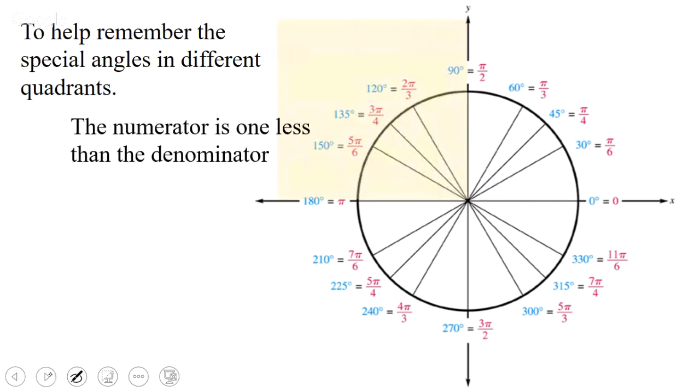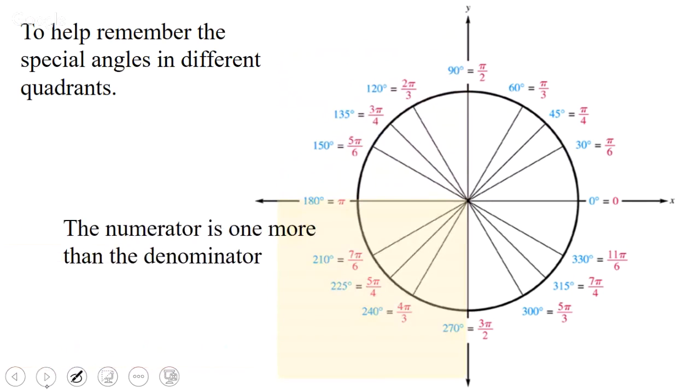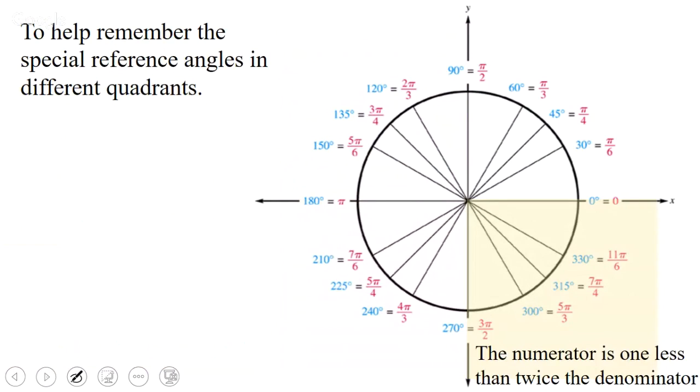When you have one more than the denominator, you're in the third quadrant. And one less than double the denominator is in the fourth quadrant. So that's how you can tell in radian measure what quadrant you're in.